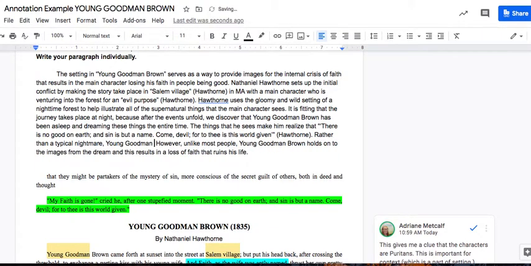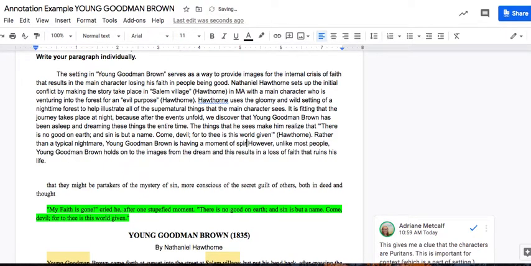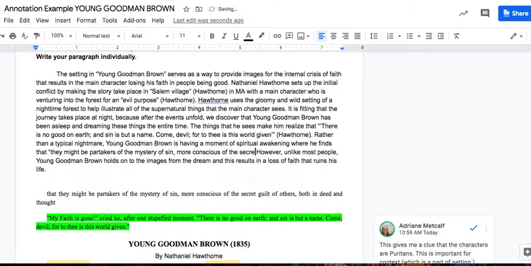Young Goodman Brown is having a moment of spiritual awakening where he finds that they might be partakers of the mystery of sin, more conscious of the secret guilt of others, both in deed and thought.